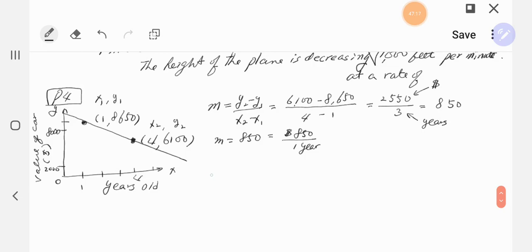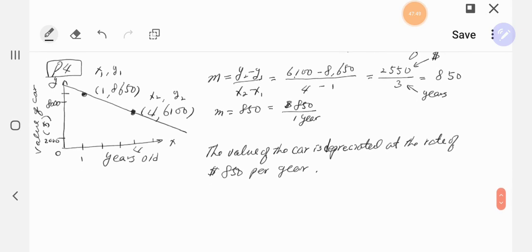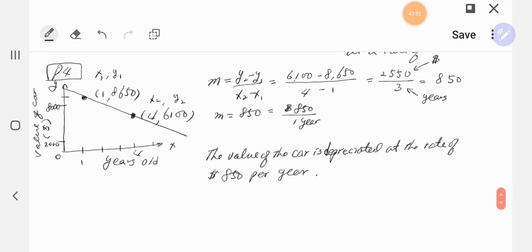So the slope indicates the value of the car is decreasing or is depreciated at the rate of $850 per year. Does it make sense? So every year the value of the car depreciated $850 every year.